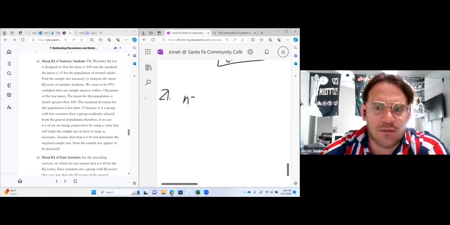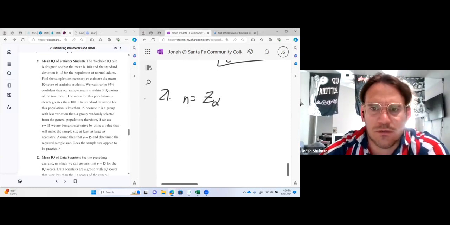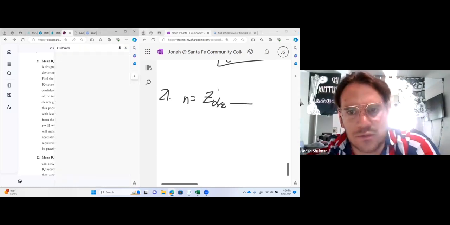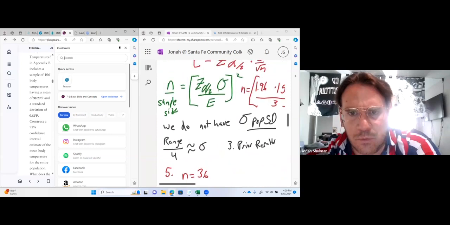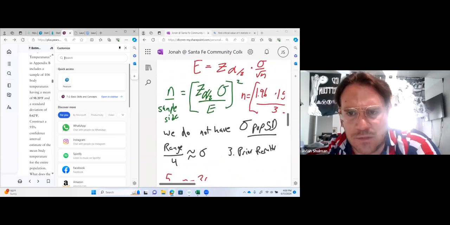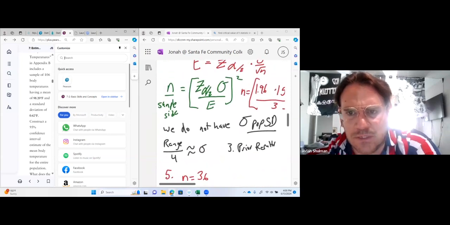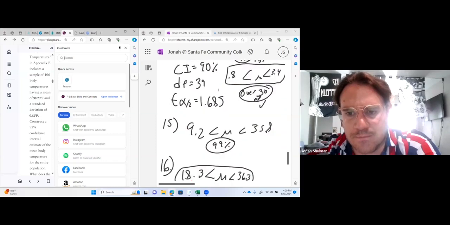So we want the n, which is the z-score times standard deviation over the error, squared.